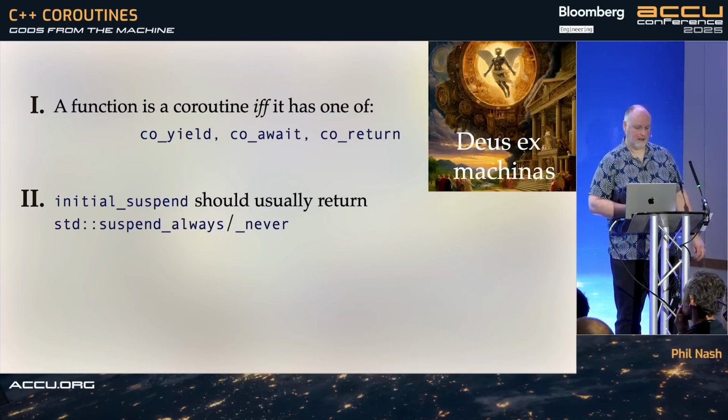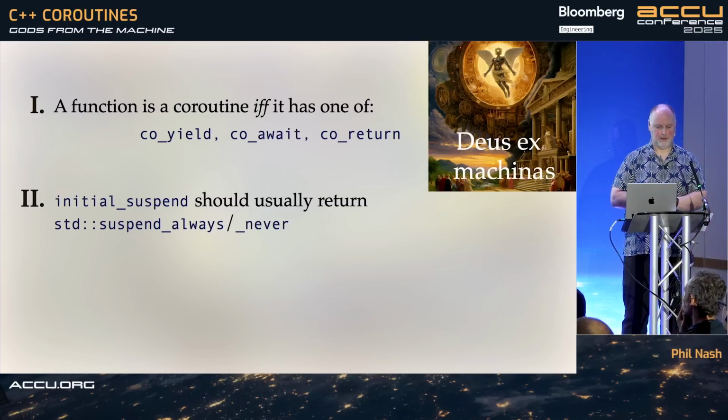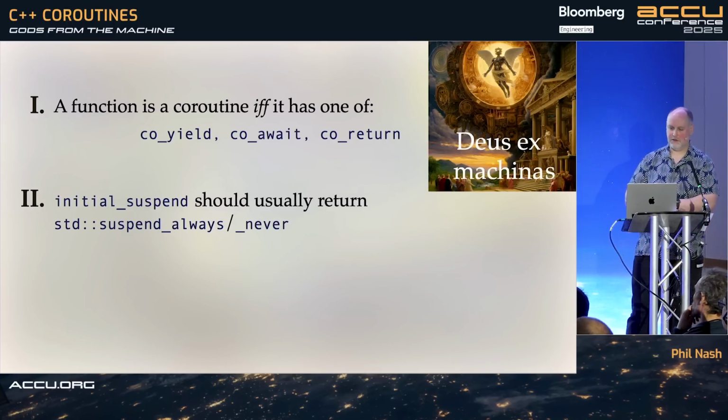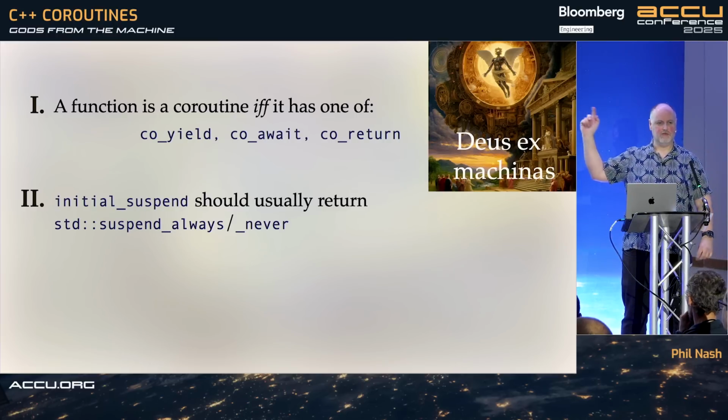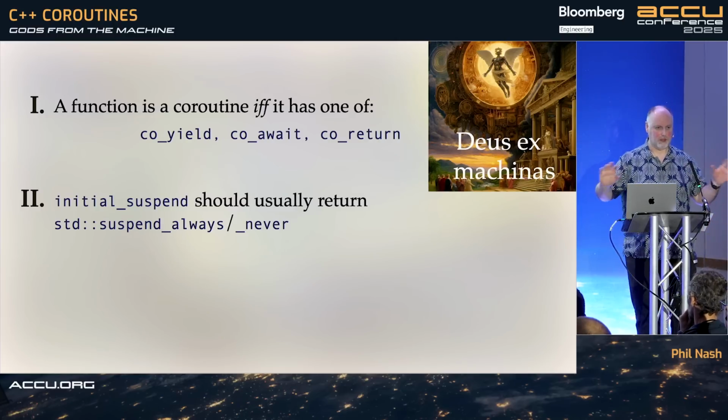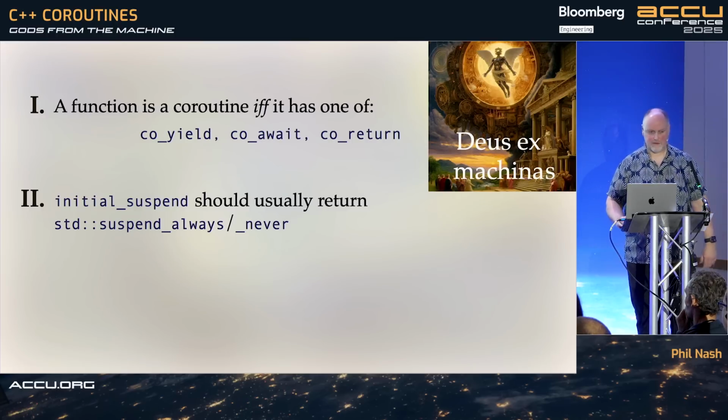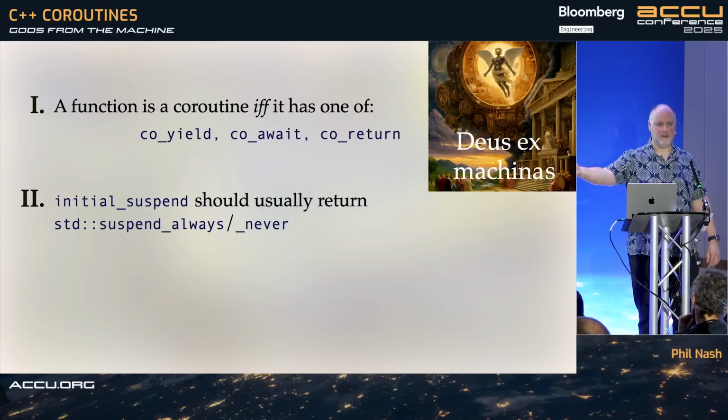Now, we also said that initial suspend should usually return one of std suspend always or std suspend never. We're going to talk a little bit later about what they actually are and when you might want to do something different. But it's usually one of those two, and it's sort of 50-50 which one, depending on what you need. As we saw, that just changes whether the coroutine starts in a suspended state or runs eagerly to the first suspension point.